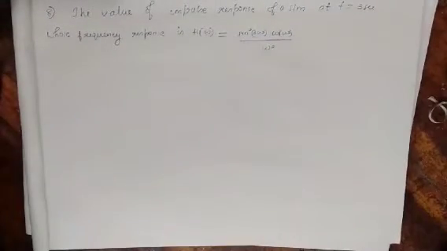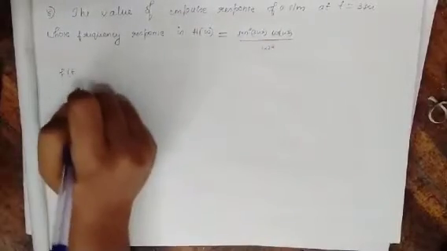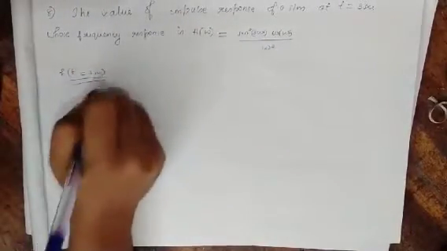So we have to find out the value of h of t at t equal to 3 seconds. This is the question. Okay.